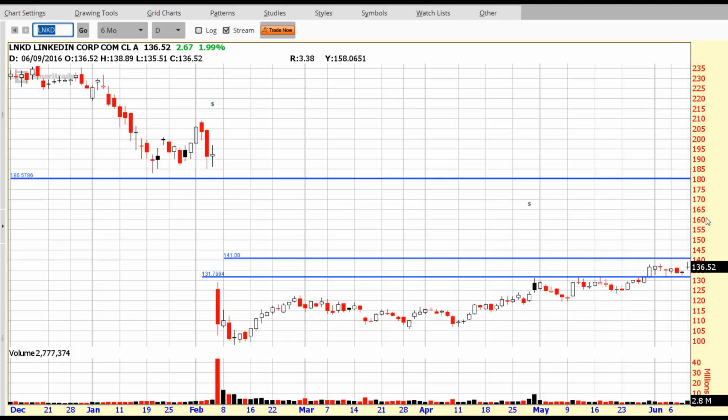So we stand by to enter when it breaks through 140. We enter at 141. We stand by to take profit when it's coming to 175 and 180. 180 is your definitive major resistance.